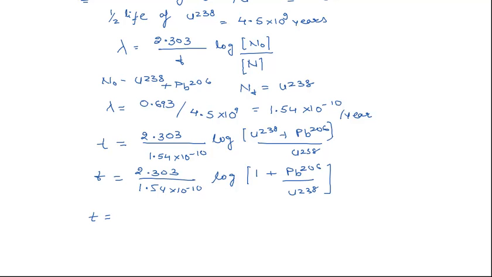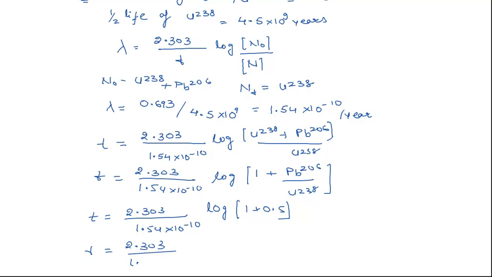So the age of the rock will be equal to 2.303 divided by 1.54 × 10^-10 log of 1 plus 0.5, and your time would be 2.303 divided by 1.54 × 10^-10 log of 1.5.